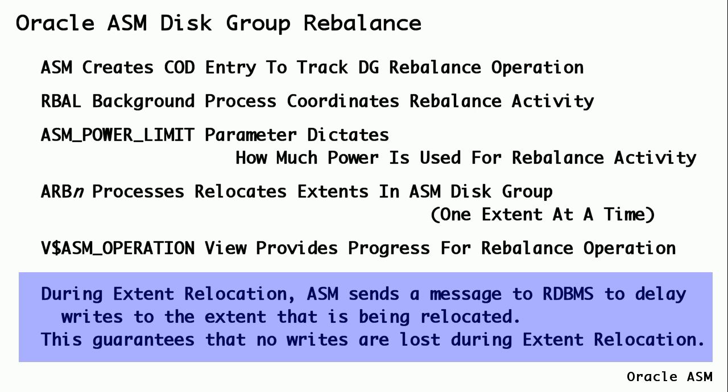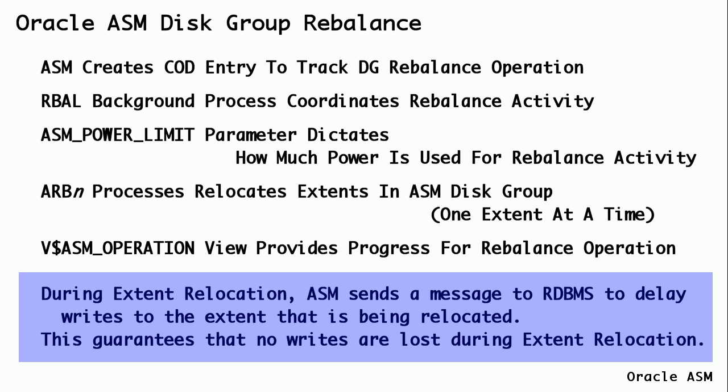If an ASM file is open and being used by a database instance, then the ASM instance first sends a message to the database instance about extent relocation. The database can continue to read data from the old extent location. The database will delay new writes to the extent that is being relocated.